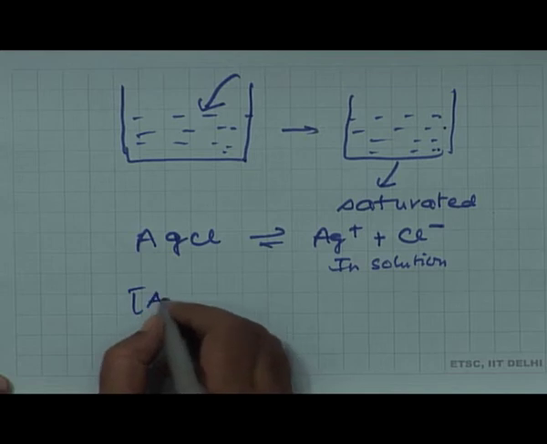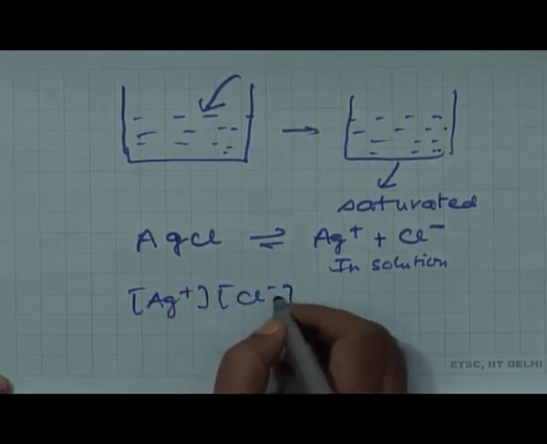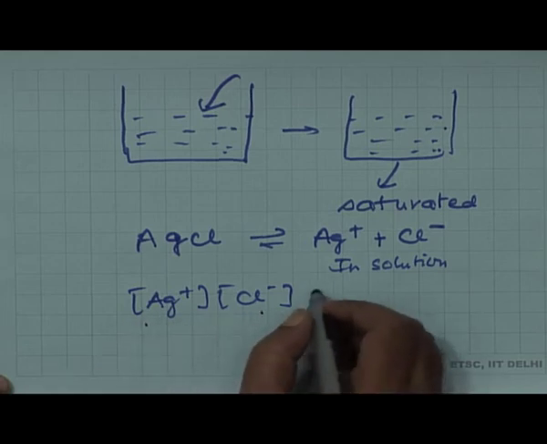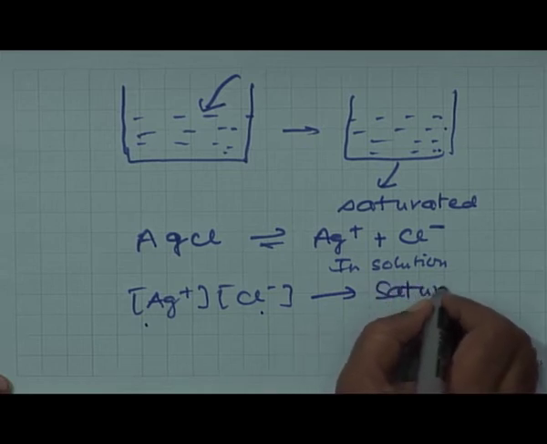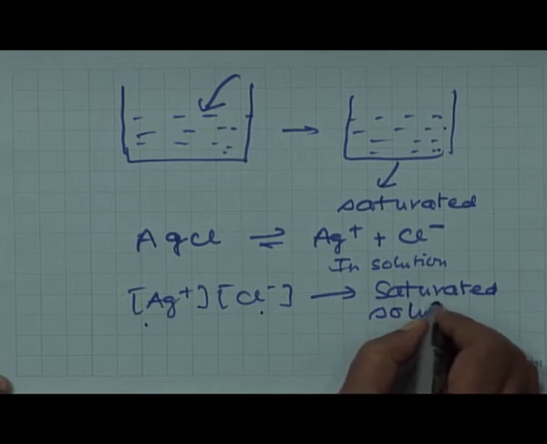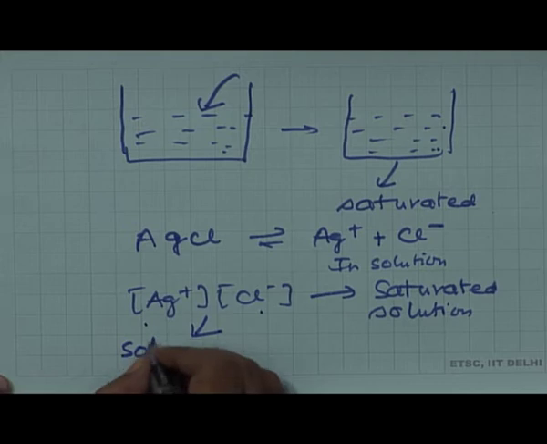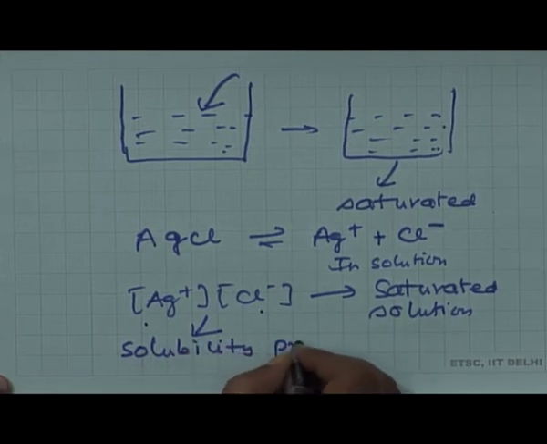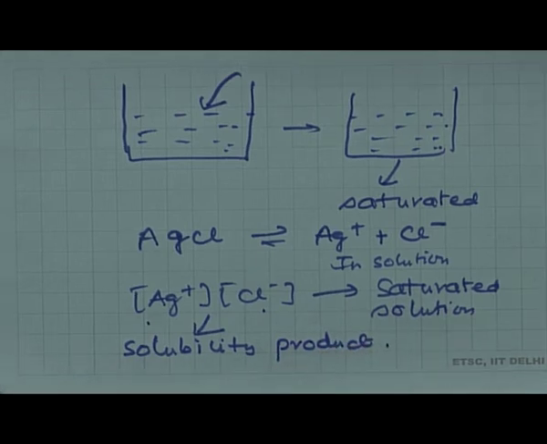So, the multiplication of this Ag plus ion and Cl minus ion in a saturated solution is called solubility product.